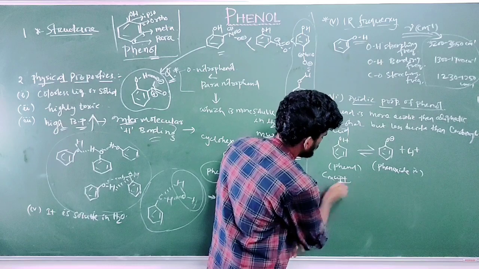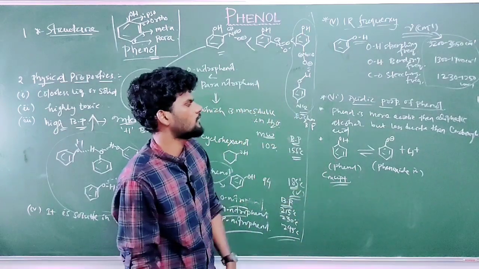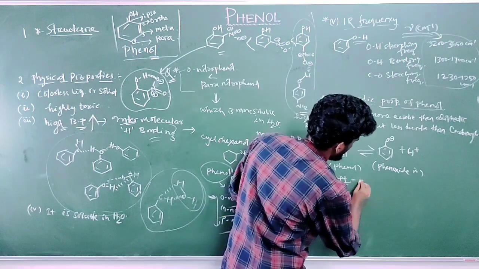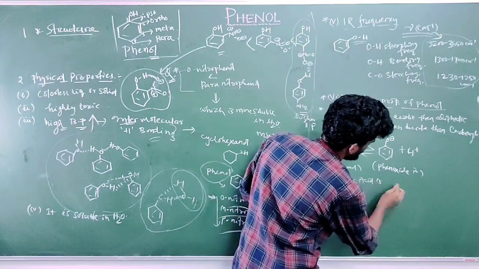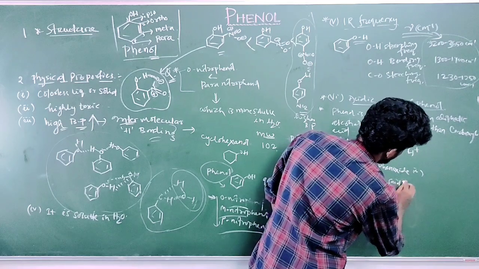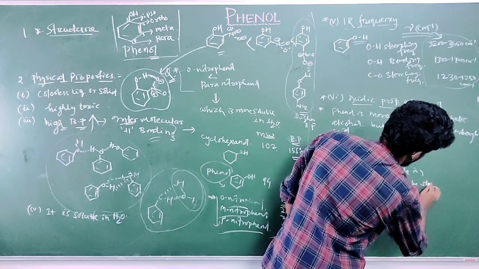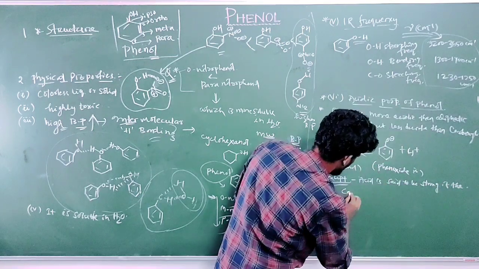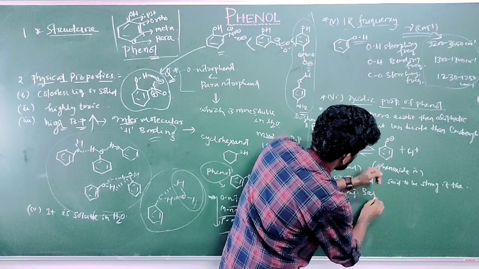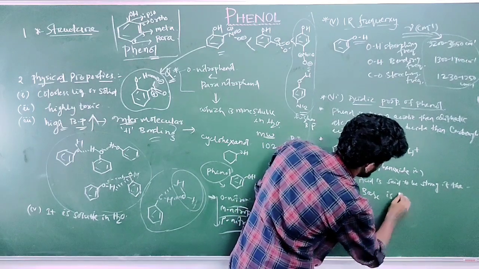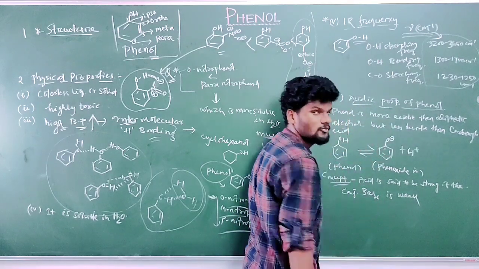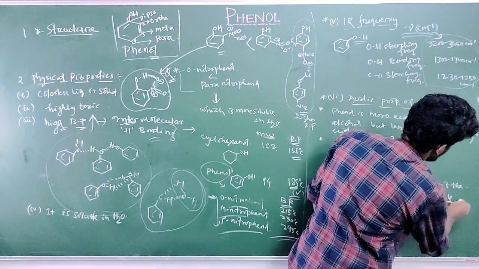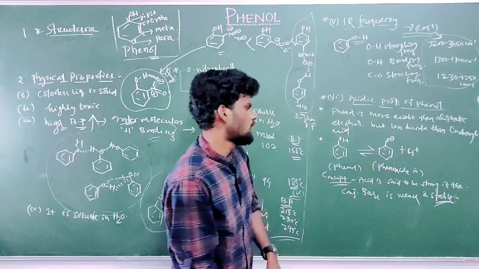Write the concept. We call an acid strong if its conjugate base is weak and stable. Here the conjugate base is the phenoxide ion; it should be weak, meaning less reactive, and stable. How do we know whether the conjugate base is stable?